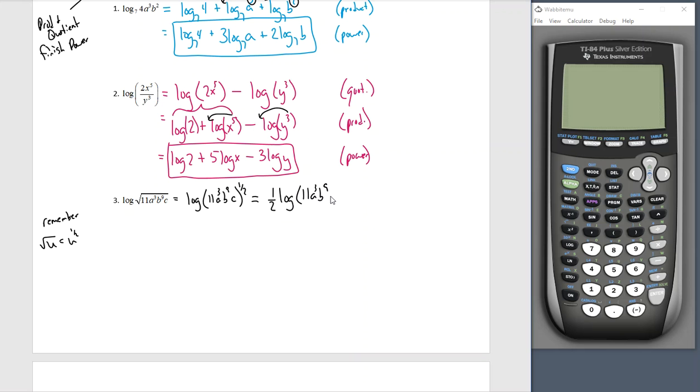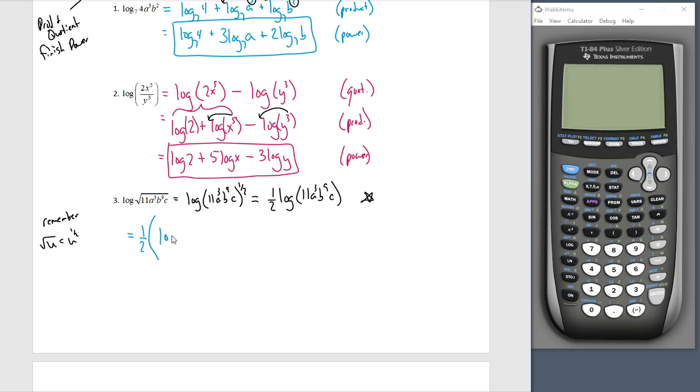As you progress through math, you'll find that this is definitely a good idea. I always take, if it's a radical, throw that 1/2 in the front, get rid of it, deal with that later. So now we'll break it down into, we have the 1/2 out in front multiplied by all of this. Notice these are multiplied, 11 times a to the 3rd times b to the 9th times c.